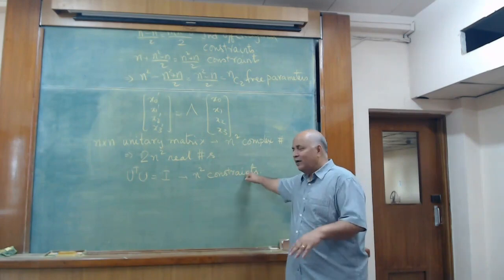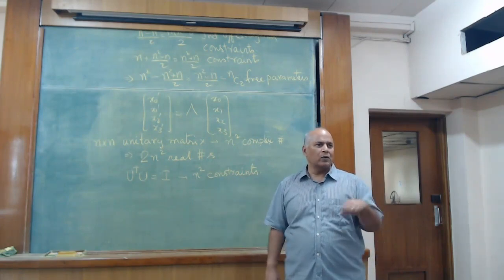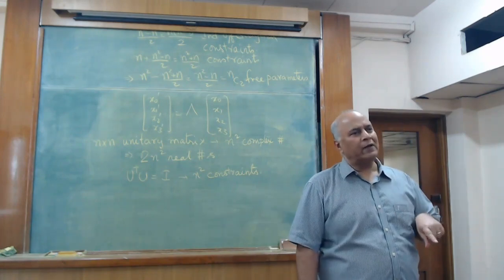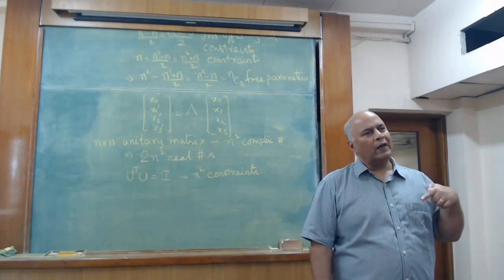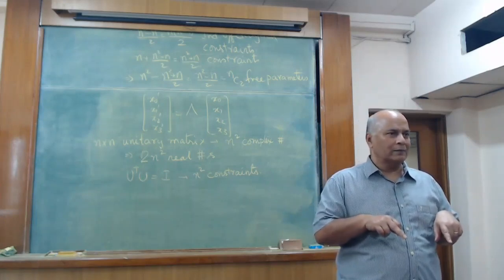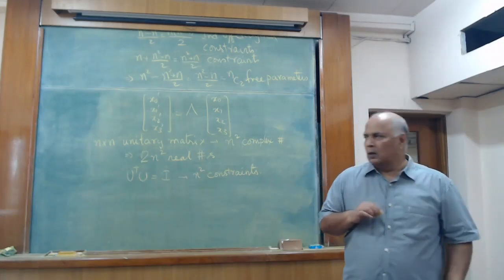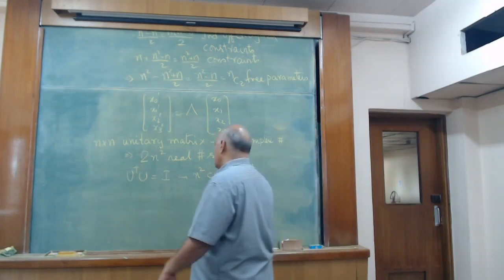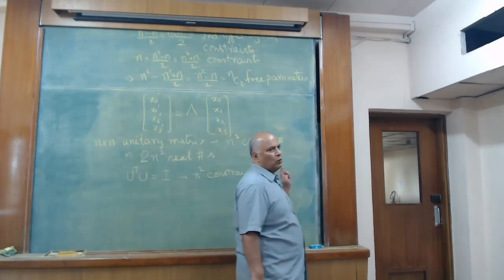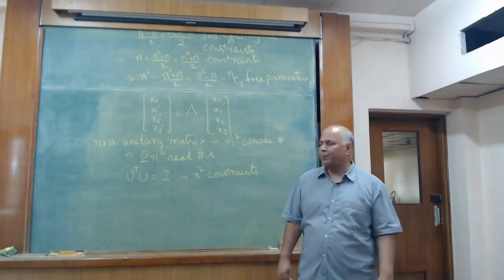So how many independent constraints? That is number one. And number two, out of these independent constraints, how many are real constraints and how many are complex constraints? As I just mentioned, O transpose O is a symmetric matrix.